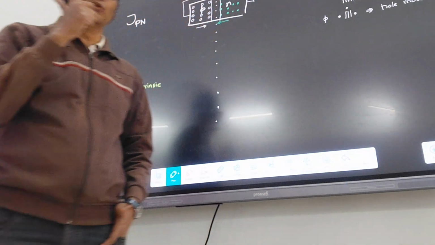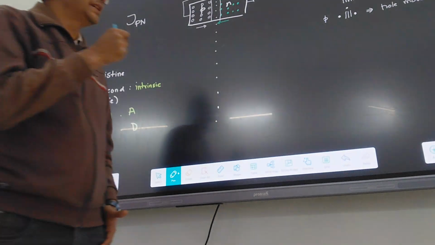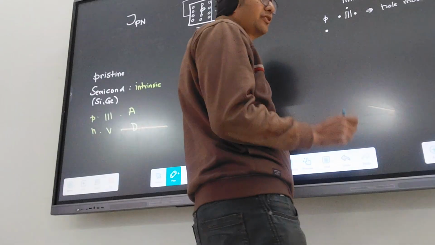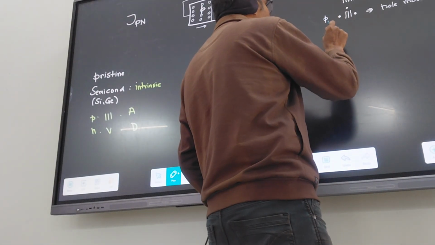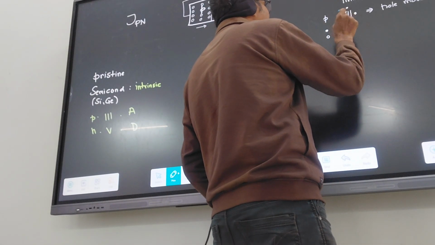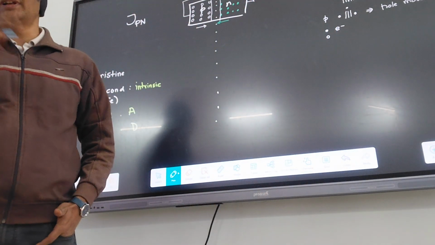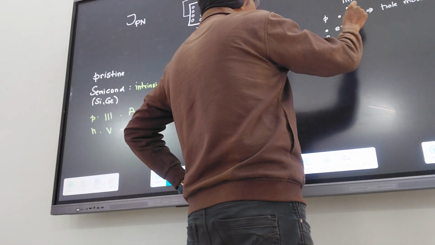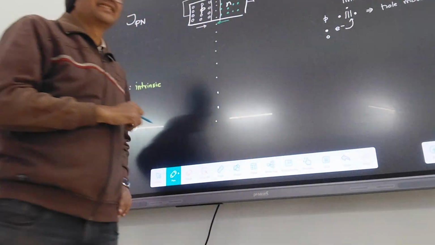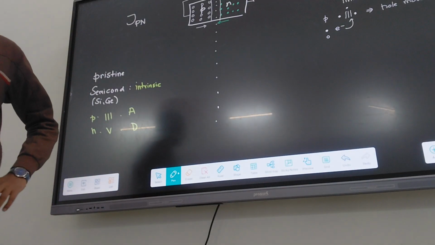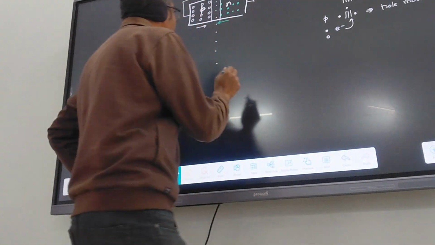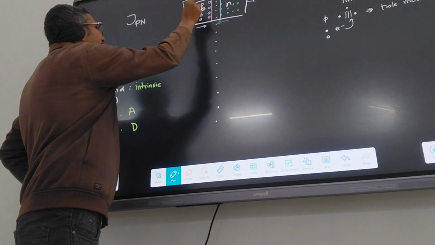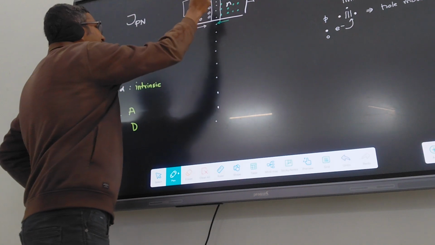It is causing the hole to move. That means whenever it is forming a hole, it is taking an electron. इलेक्ट्रॉन छोड़ रहा है तभी तो होल बन रहा है. तो that electron goes and sets on the trivalent nucleus. इसलिए it is formation of negative charges. ठीक है.